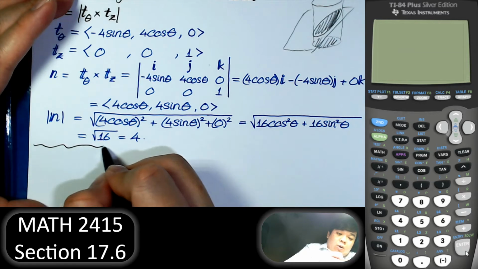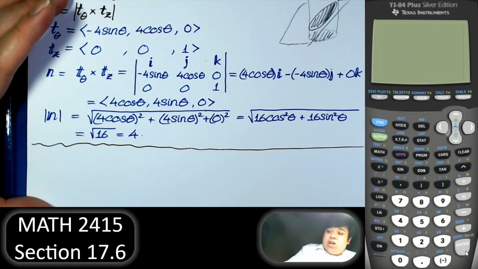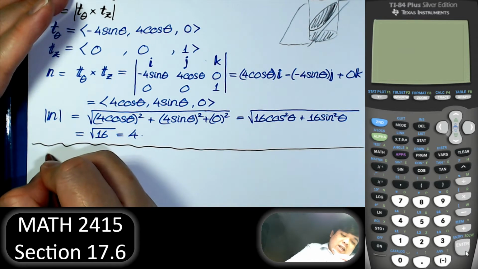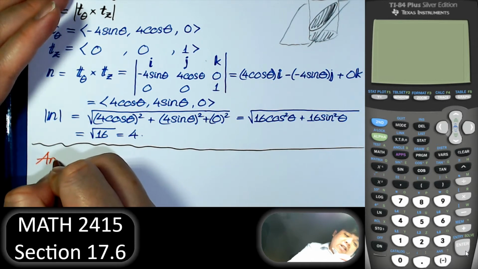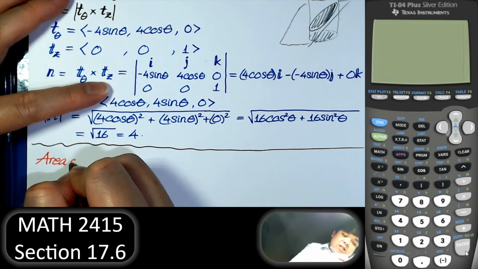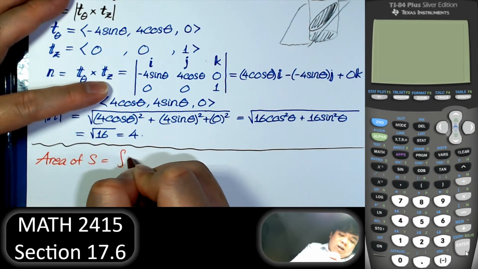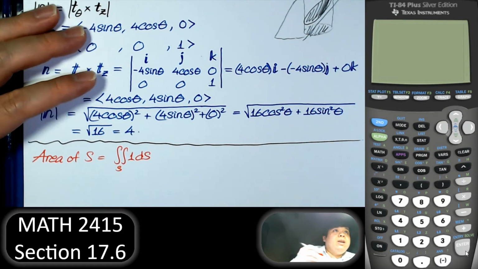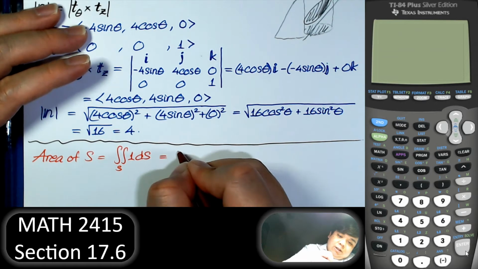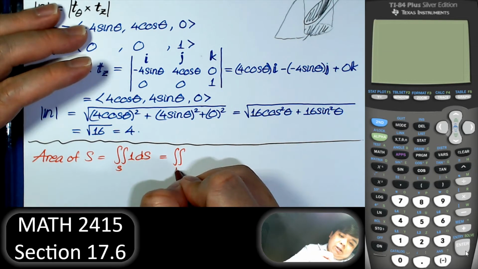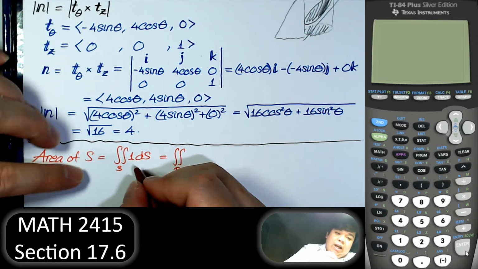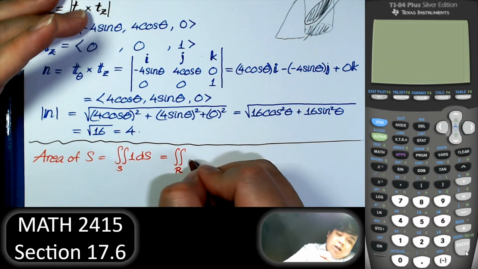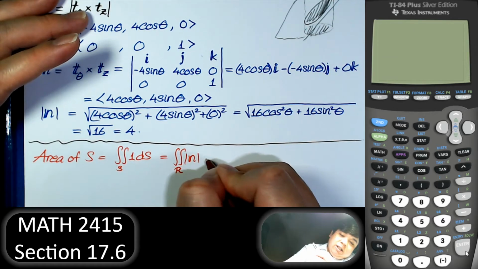So we have all the components for the surface integral. This time we want to find the area of S, so we just have 1 here. And then we have the normal vector times dA.